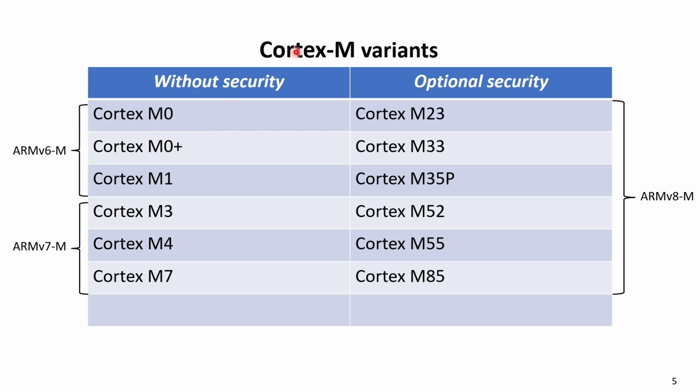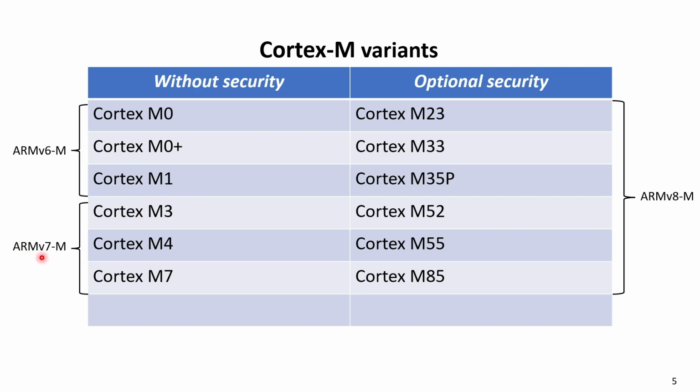So next are the Cortex-M variants, or Cortex-M families. I divide them into two parts. First is without security and then optional security. Without security, we have ARMv6-M and ARMv7-M. ARM version 6 has Cortex-M0, Cortex-M0 Plus, and M1.